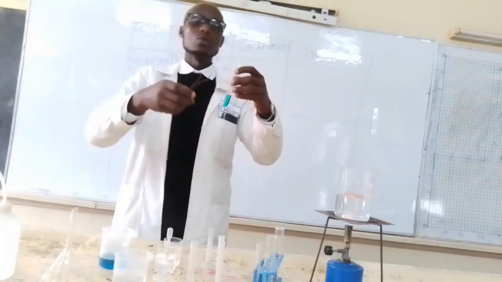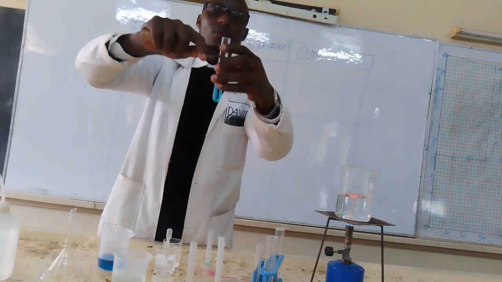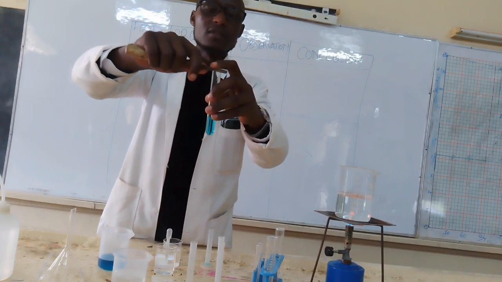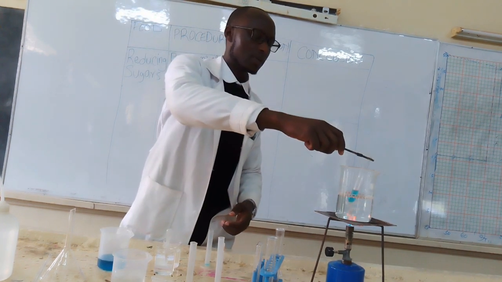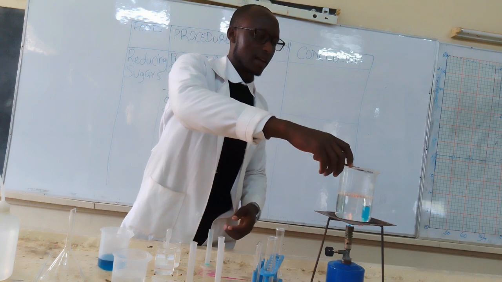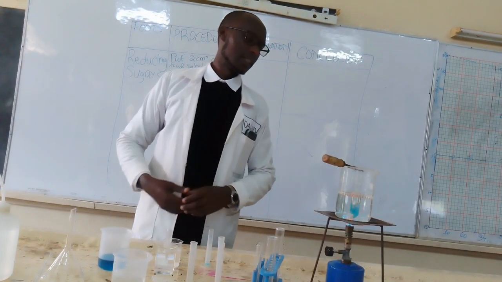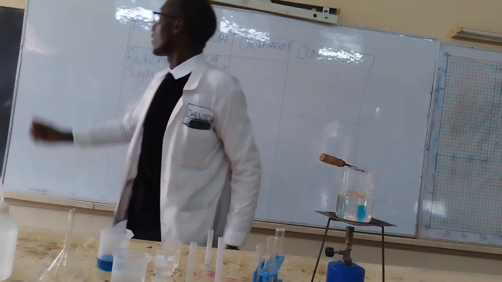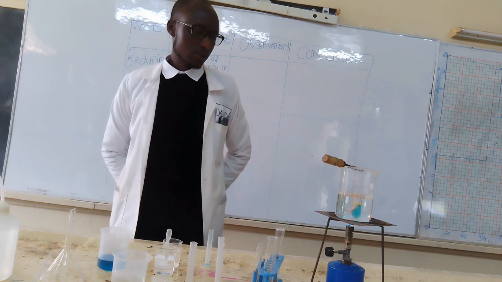I'm going to use the test tube holder so that I cannot be burned. Use it like that. Then I place it in a water bath, and for around 5 minutes we shall wait and see. We have our clock here. So let's see what is going to happen.